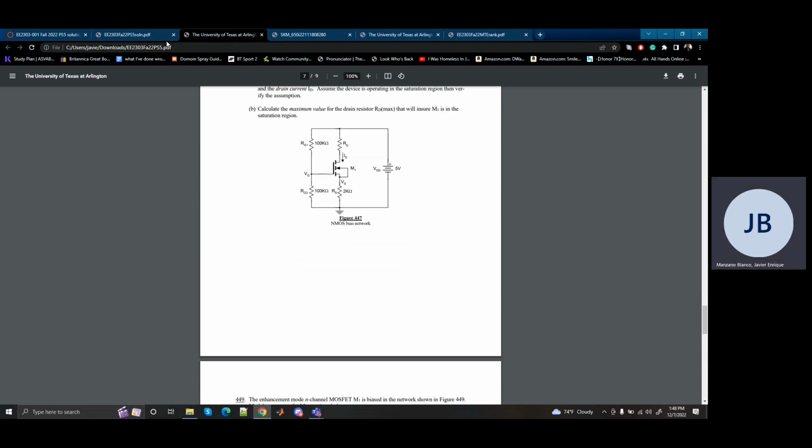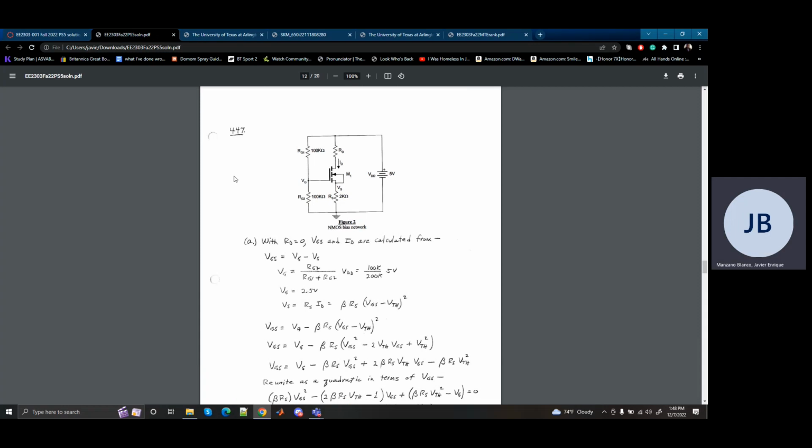PG will be a constant, and then we'll do PS in terms of ID times the resistor R4. And that's when you turn it into a quadratic.